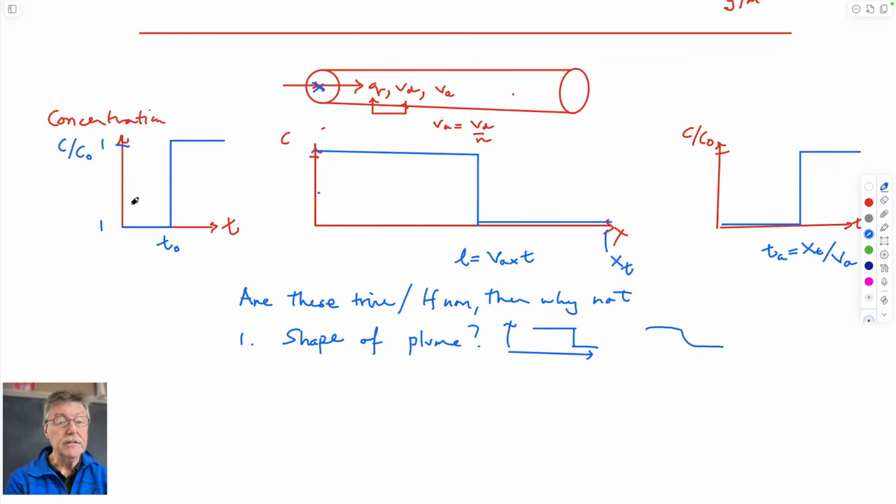If it's relative to the maximum concentration the water can take, we call that 1, relative concentration of 1 versus 0. Once it's turned on at time t0, it's free to go downstream. At a small time, it would look like this. A larger time, it would look like this. So this would be T1, T2, T0, T actual.